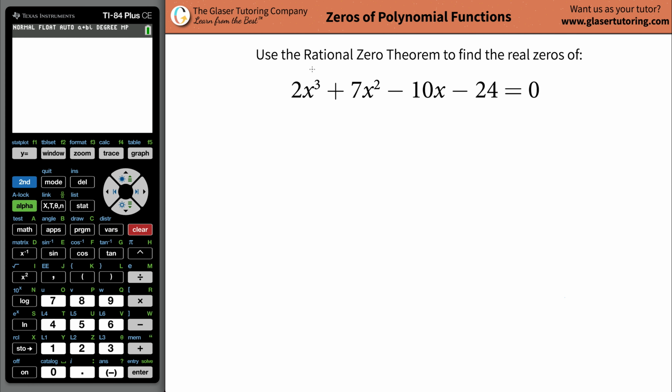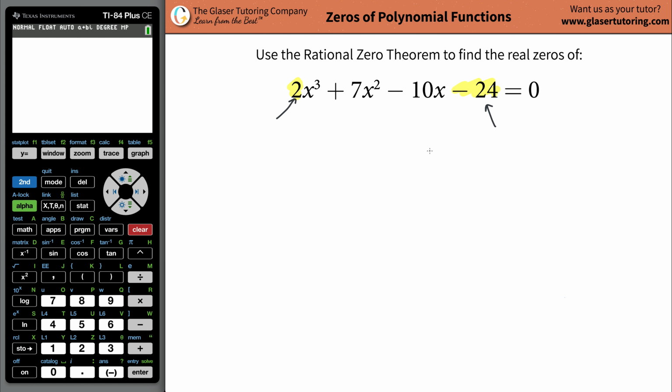Basically, what the Rational Zero Theorem states is that if you find the factors of your constant term, in this case that's a negative 24, and you find the factors of your leading coefficient, which is the coefficient of the highest power of x, some fraction of those two will be a rational zero.